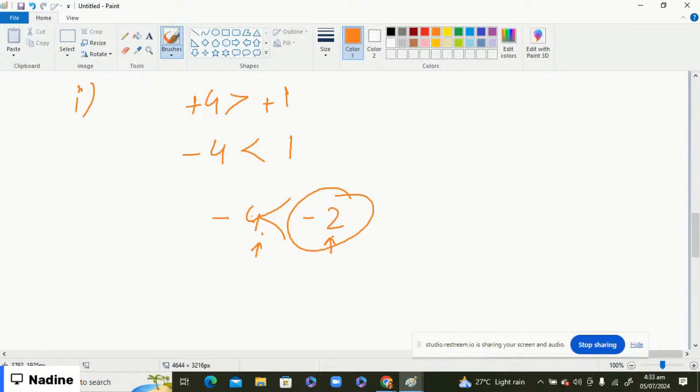Okay, for the third rule, if there are two negative numbers, then you check which negative number is less.